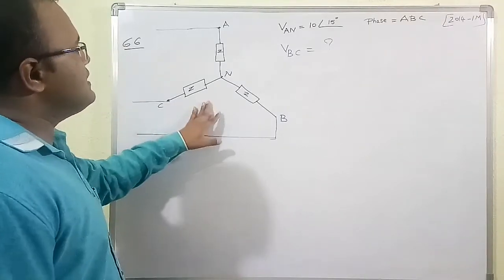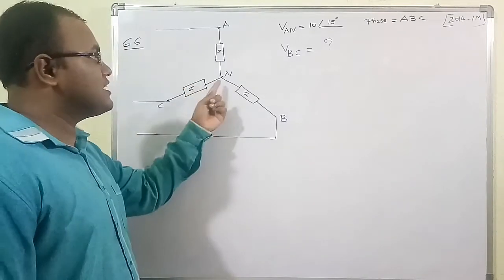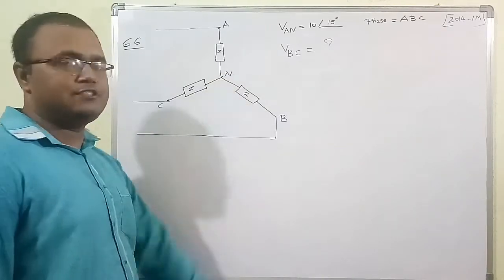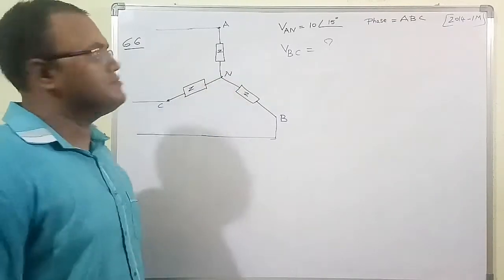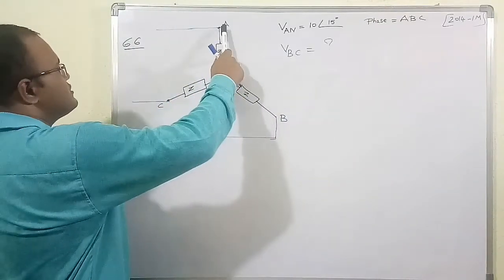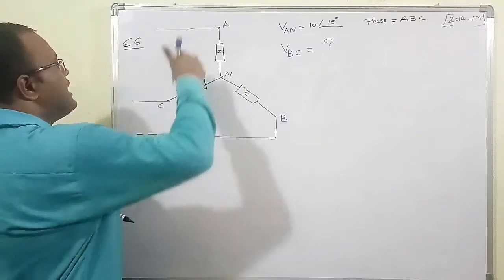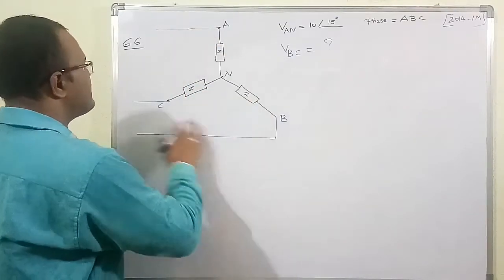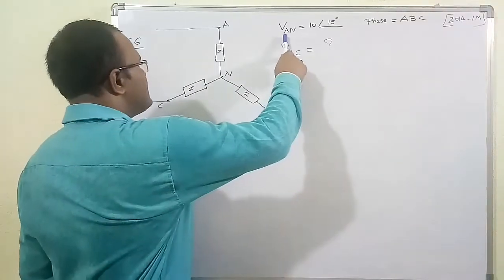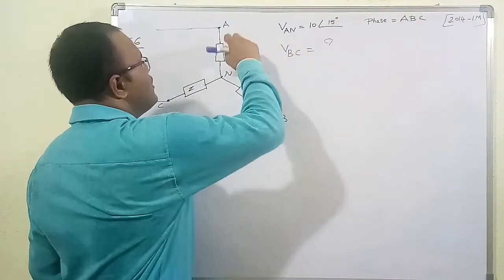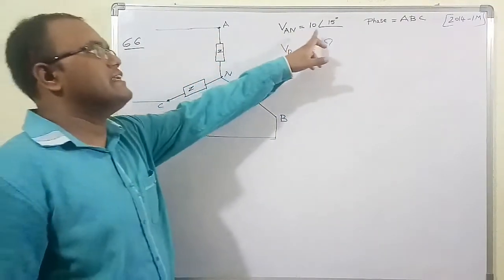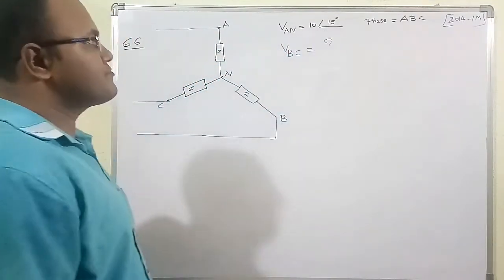This load is connected in star connection, and this common point is denoted by the symbol N. And there is a three-phase supply, which is given as lines. This is line A, this is line B, and this is line C. In this question, they have given the voltage V_AN, which is the voltage across line A and the neutral, as 10 angle 15 degrees.